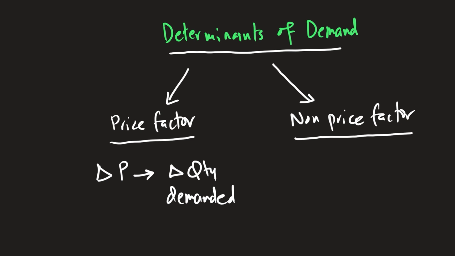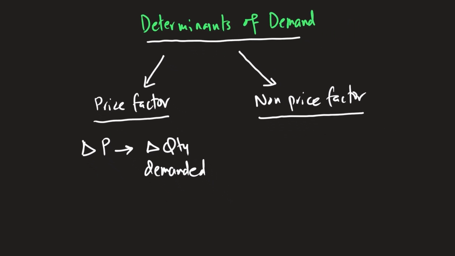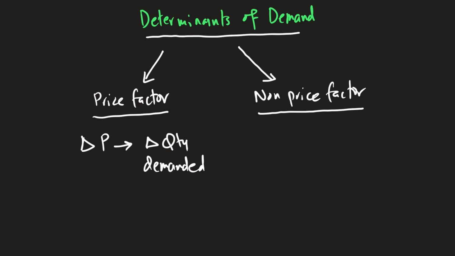What if I change that assumption? Let's figure out what will happen if all other factors are not constant. Let's say, for example, something changes which results in us buying more of the good. For example, in winters, people buy more sweaters or jackets because they are pretty useful. So if the other factors change, what will happen to our demand?